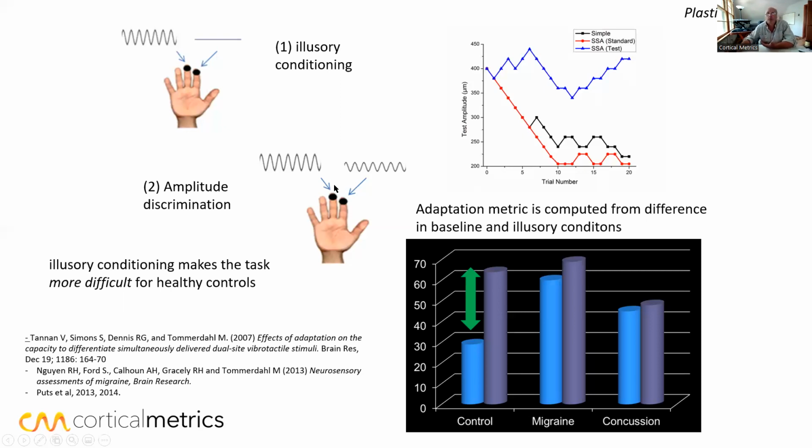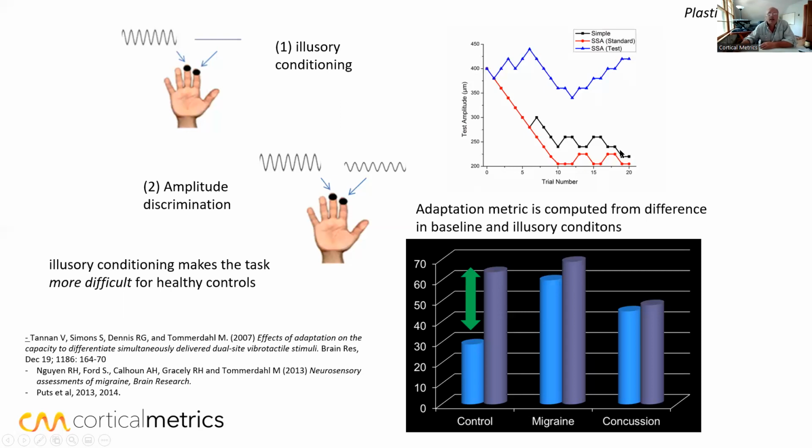So let's look at some typical results from that kind of test. Let's look first at plain old amplitude discrimination, the black line here, and also the red and black line. You track down to threshold.